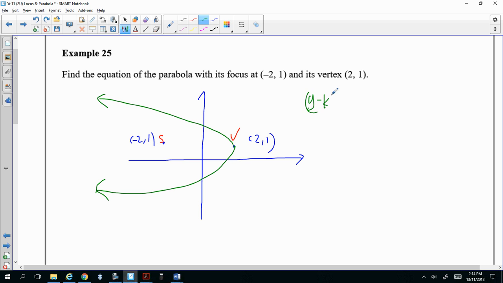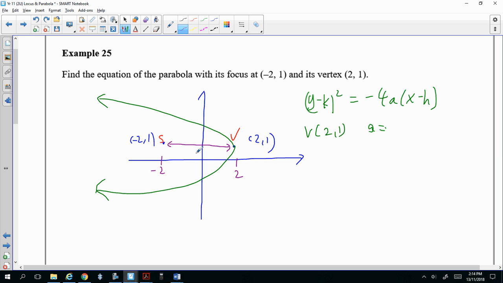And then you're going to work out a. Now, the vertex is (2, 1). That's your V. And a can be found by just measuring on the diagram. What's the distance between them? 4, right? This is -2, this is 2, so the gap is 4. So a is just 4. And you got it.